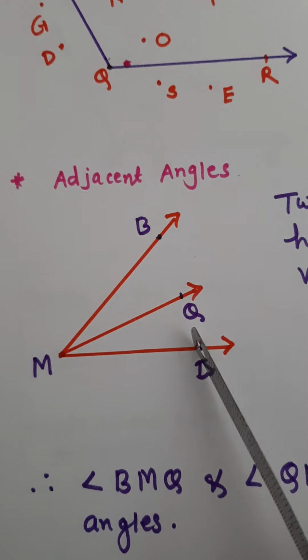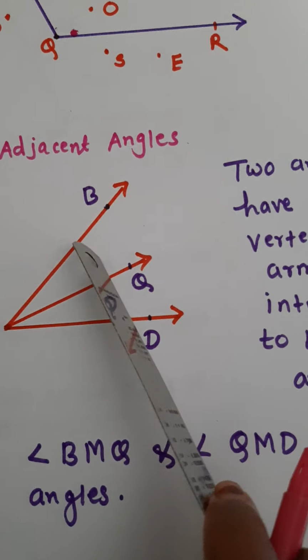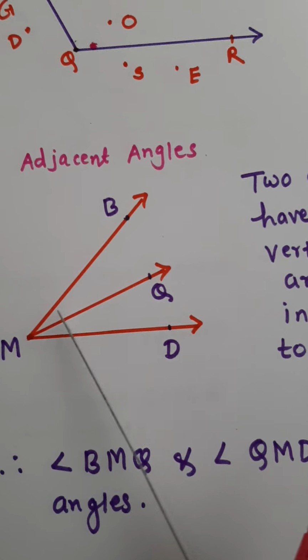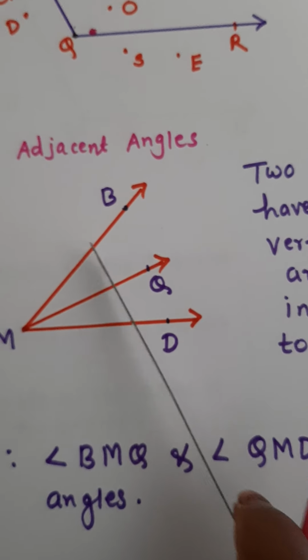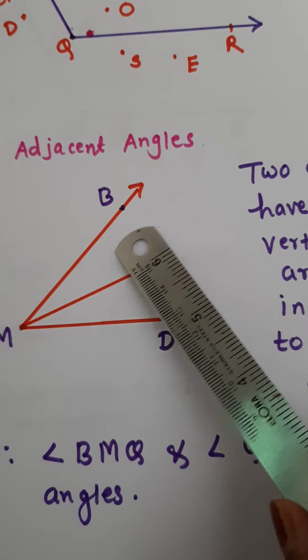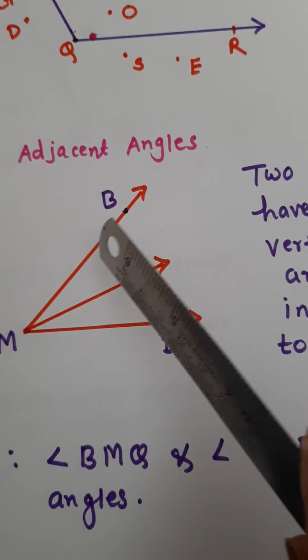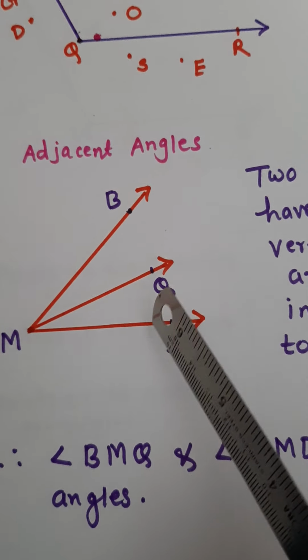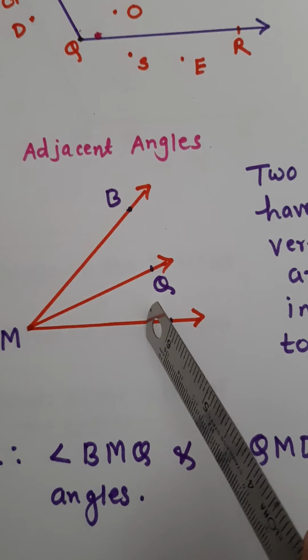In these two angles, M is the common vertex of both angles. Similarly, arm MQ is common to both angles, and observe their interior parts. Interior part of angle BMQ is separate and interior part of angle QMD is also separate.